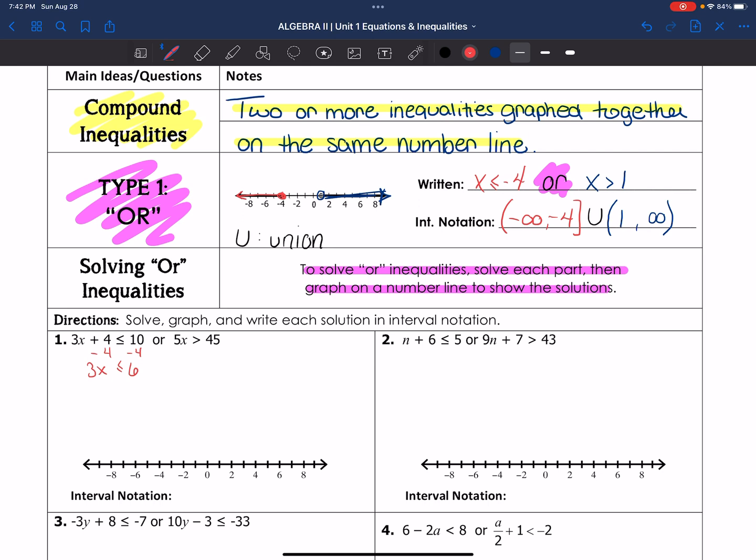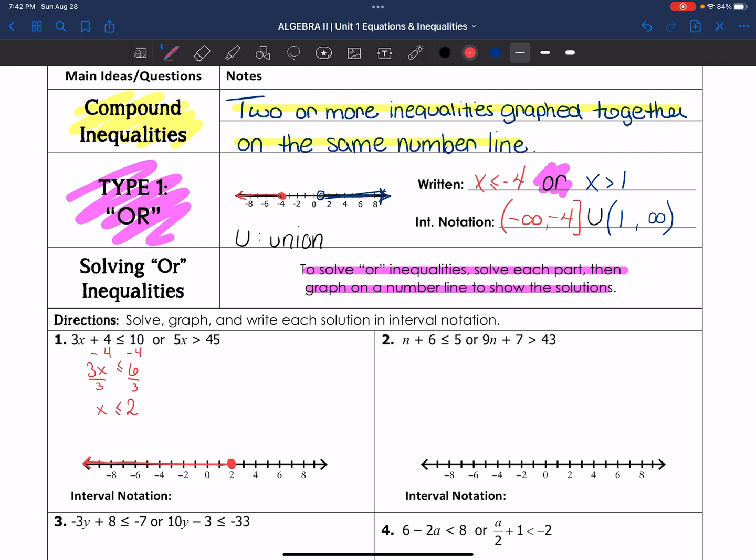And to finish it off, what do we need to do? Divide each side by 3. That leaves us with x less than or equal to 2. So we can go ahead and graph that. The less than or equal to is going to be a closed circle, and then we're going to be moving less than, which is to the left.